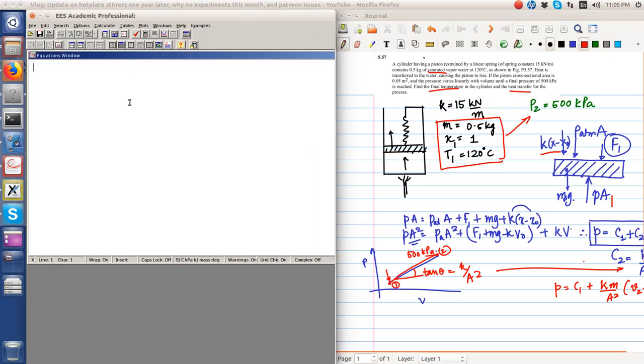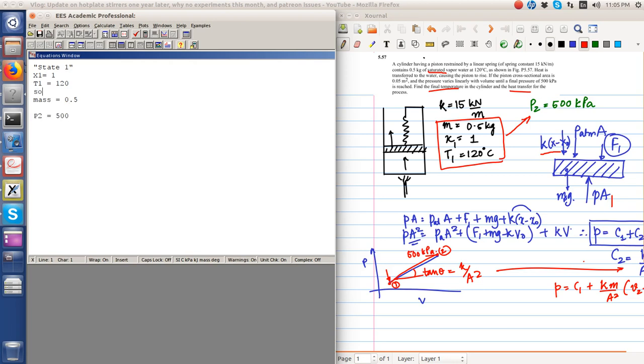So this is how we do it. State 1 is given as x1 equal to 1 and T1 is equal to 120 degrees Celsius. The mass of the system is 0.5 kilogram. The final pressure is equal to 500 kilopascal.